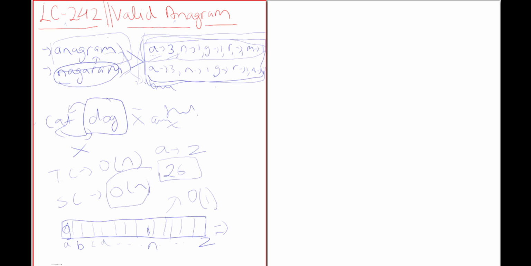If the size of the temporary array grew with the string, say we have a string of size 1 million characters, then this array would become 1 million. But if we use this approach, it will always be an array of 26. So here the space complexity will be O(1) and time complexity will remain O(n).